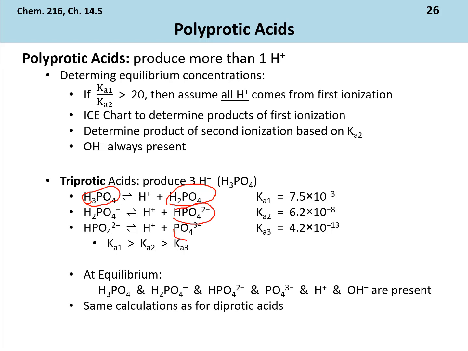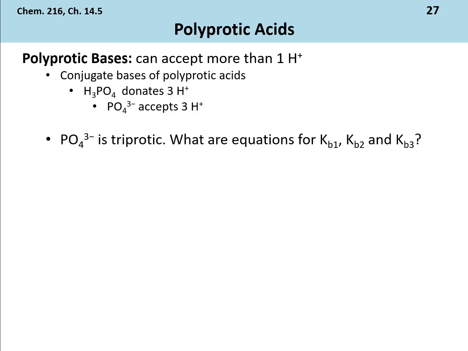Okay? Plus, I'm going to have one other compound, and that's OH minus, because it's always there. Okay, so that's polyprotic acids. We can also have what we call polyprotic bases. Polyprotic bases are just the opposite of polyprotic acids. They're the conjugate bases, right?